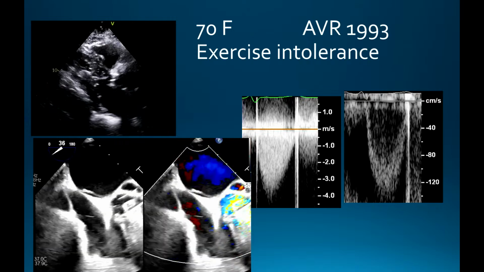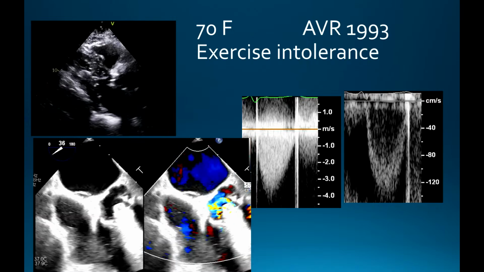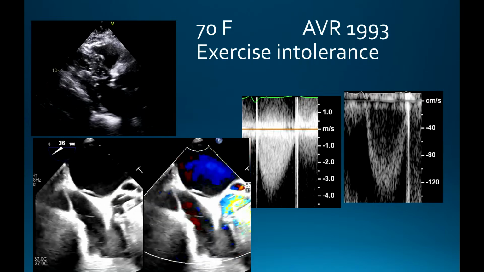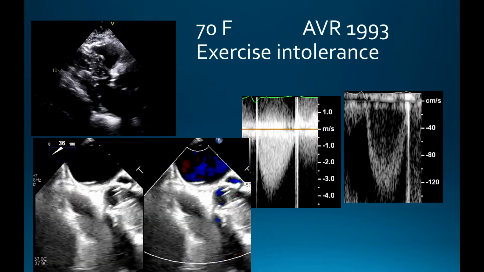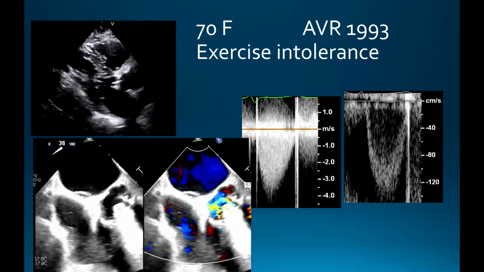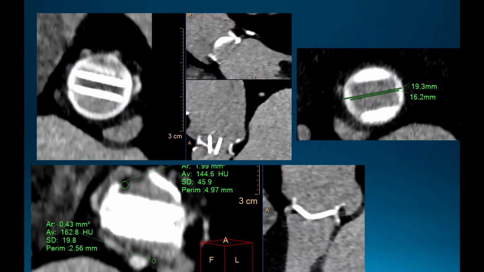So TEE was performed to determine the cause of the obstruction, and it looks like there's some regurgitation as well. So CT was performed. As you can see, she has some area of hypoattenuation below the leaflet, and most likely this corresponds to pannus.